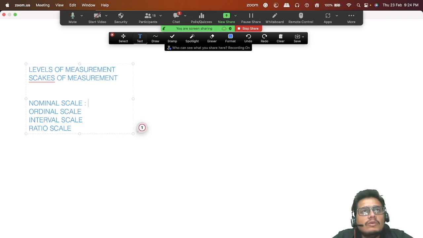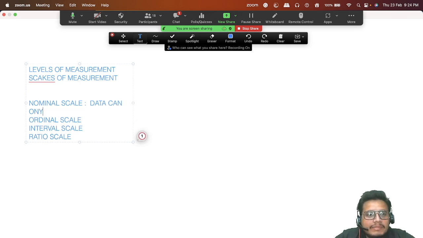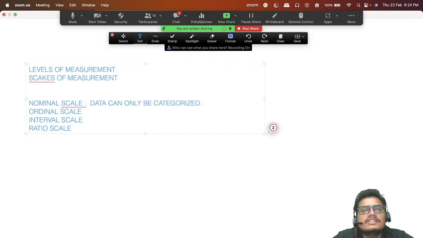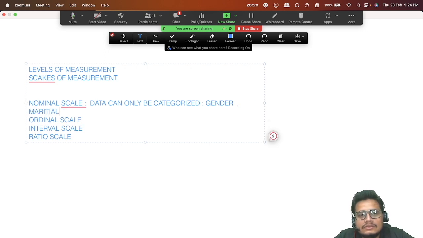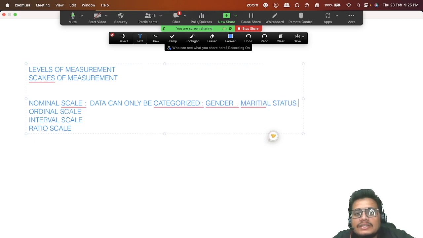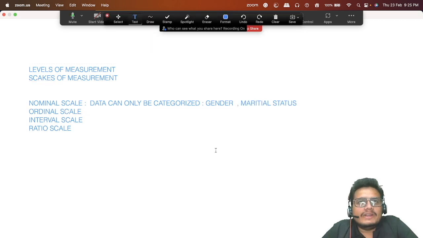Now what is a nominal scale? Those kinds of data which can only be categorized. Example, gender, male or female. You can say marital status. इसको आप रैंकिंग नहीं कर सकते. Nominal scale is the scale in which the data can only be categorized.